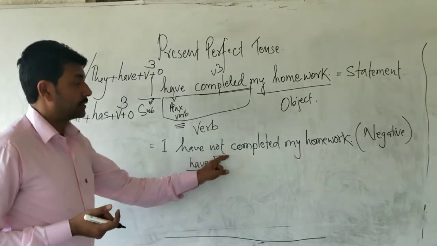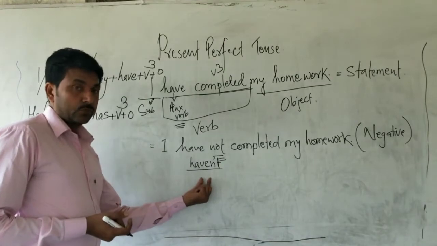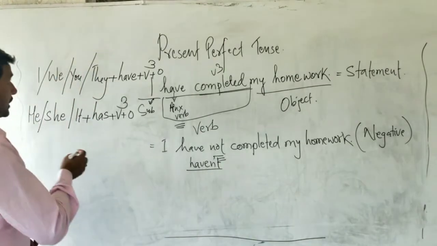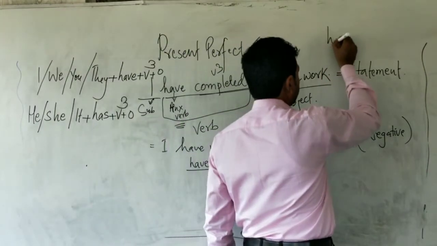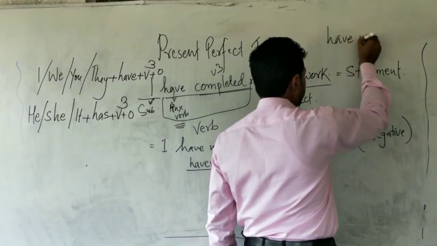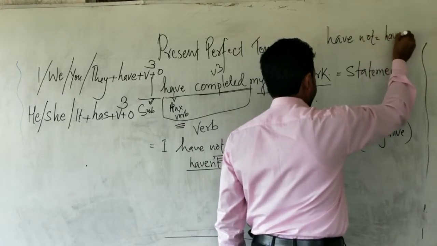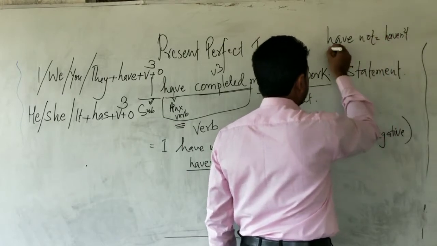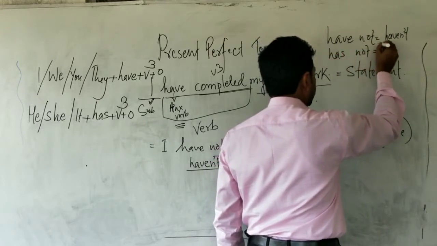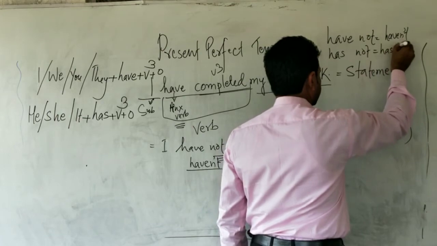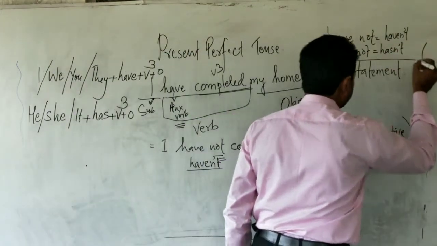He has not completed his homework. Contraction will be hasn't. For example, how to say the contracted form? Have not will become haven't. Has not will become hasn't. So these are contracted forms.